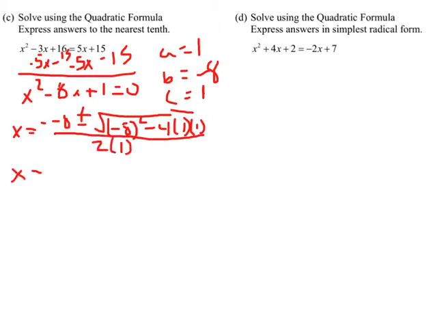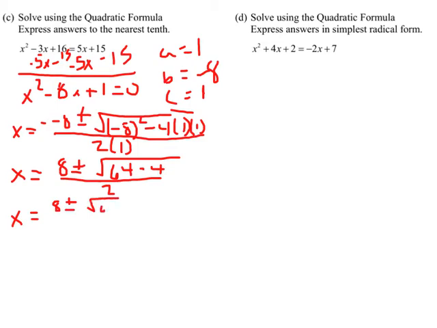So I will get a negative of negative 8, which is positive 8, plus or minus the square root of 64 minus 4, all over 2 times 1 is 2. So X equals 8 plus or minus the square root of 60 over 2.